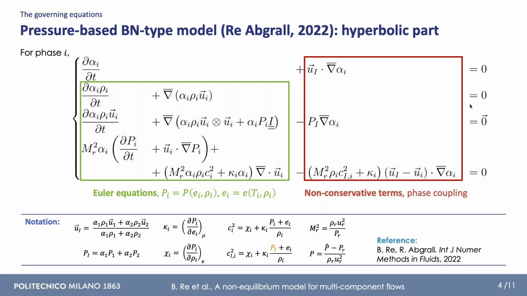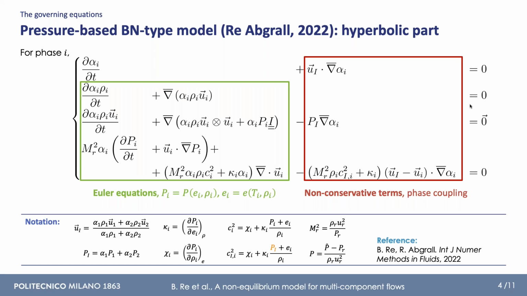It is just a way to write the same variables that we have in the thermodynamic speed of sound, where we have the pressure of the interface, P uppercase I instead of Pi. This Pi here and the UI here are two terms that are needed to close the model, and we need to make some modeling choice.